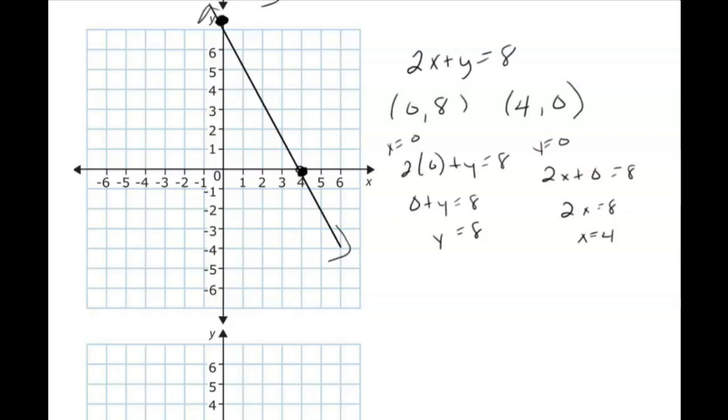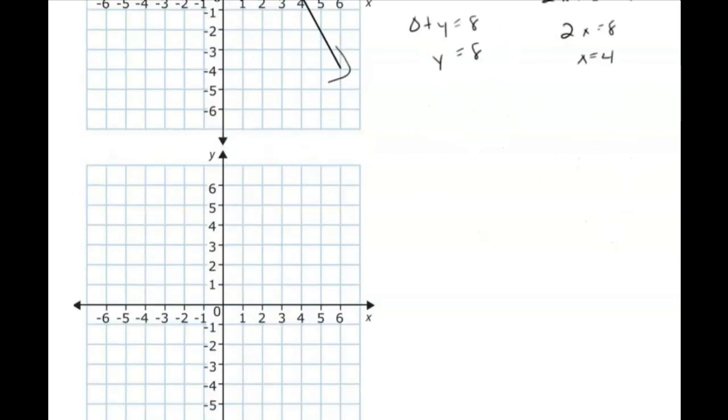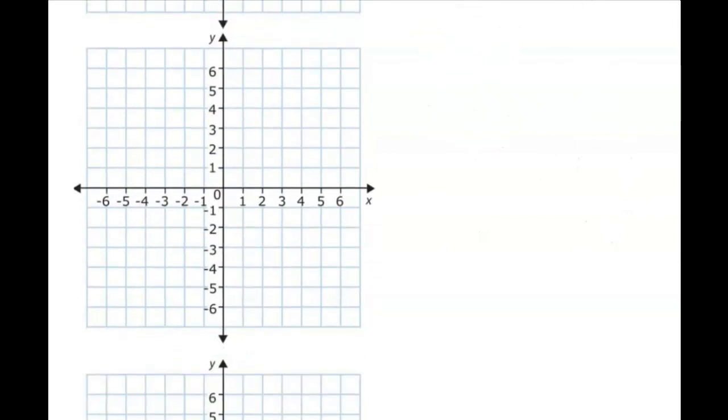All right, let me do maybe just one more for you. Let's see. What if I had something like -3x + 2y = 6? All right, let's do (0, __) and then (__, 0).